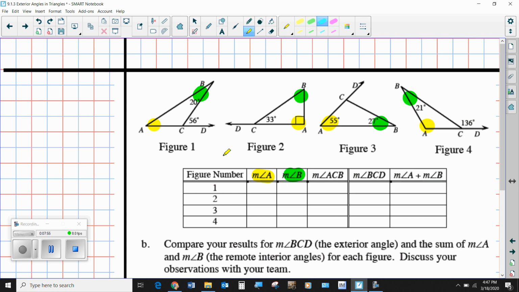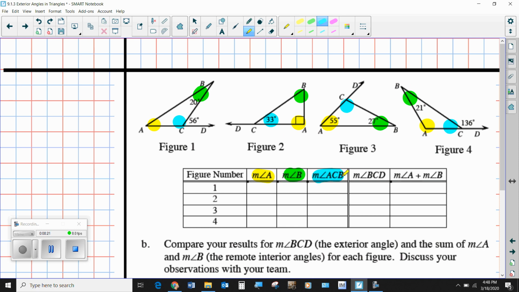For angle C, this is a little bit tricky because you've got two different angles in angle C. So the interior angle of angle C, in this case, is going to be ACB every single time. There's an interior angle. ACB, here's an interior angle. ACB, here's an interior angle. And ACB, this is an interior angle.